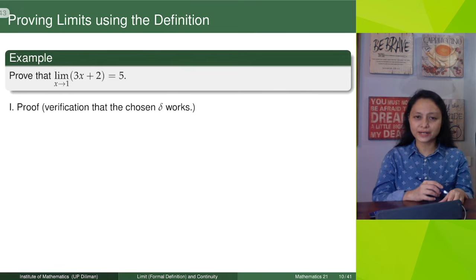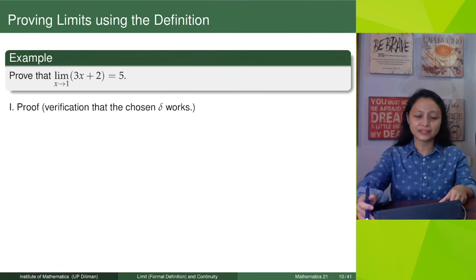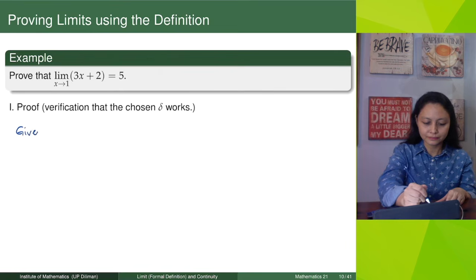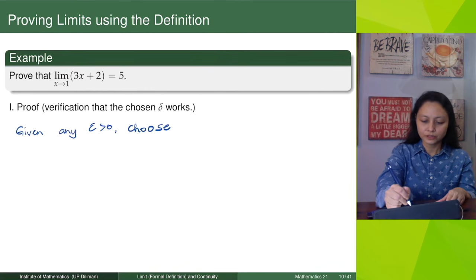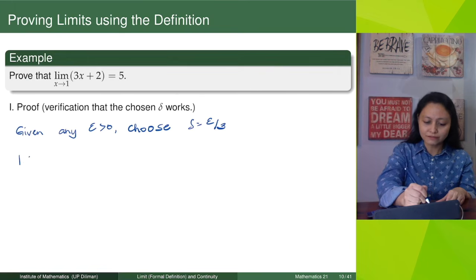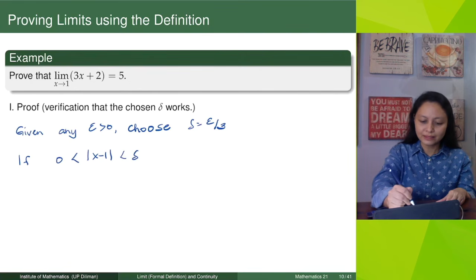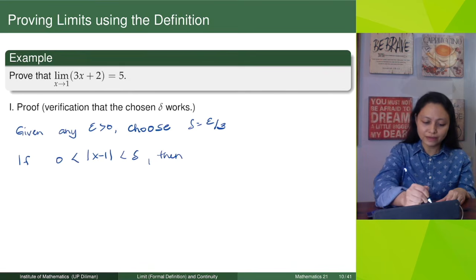So that is our chosen value for delta. Okay, so the next part is to verify that that delta works. Again, given any epsilon greater than 0, we choose delta to be equal to epsilon over 3. Going back to the definition, it says that if the absolute value of x minus 1 is greater than 0 and less than delta, then the absolute value of f of x, let's rewrite that again.